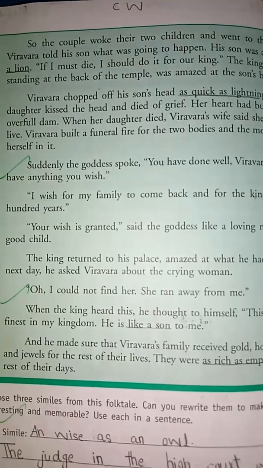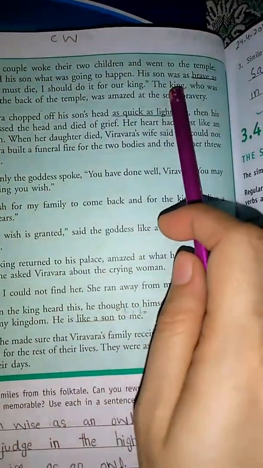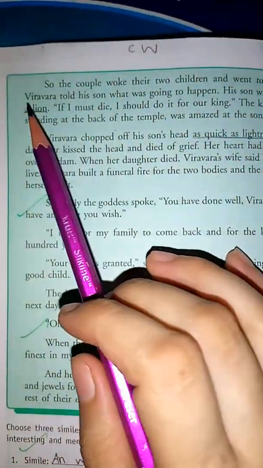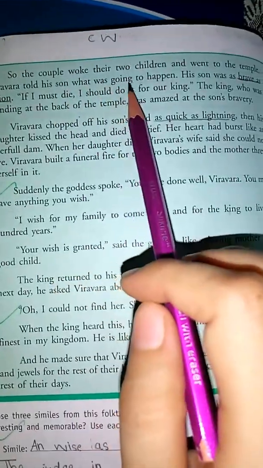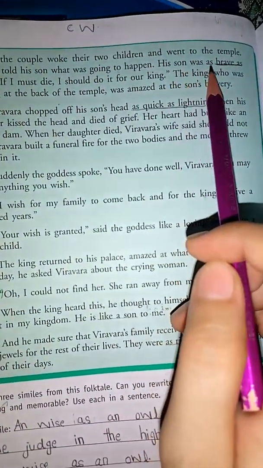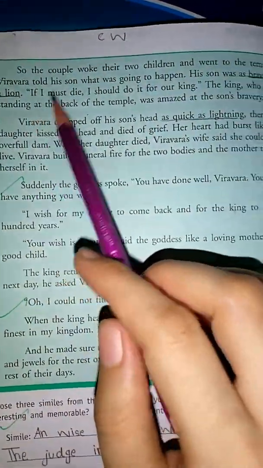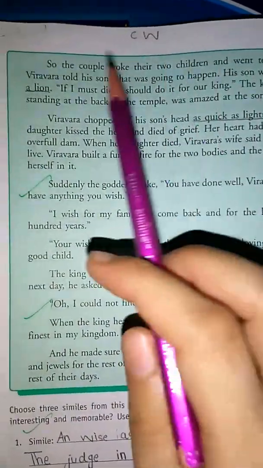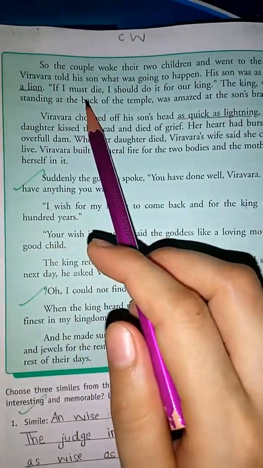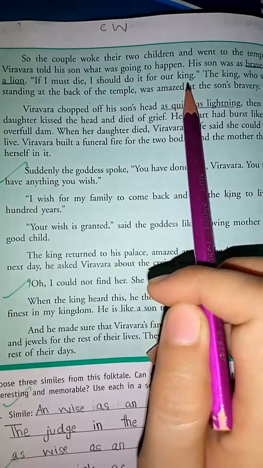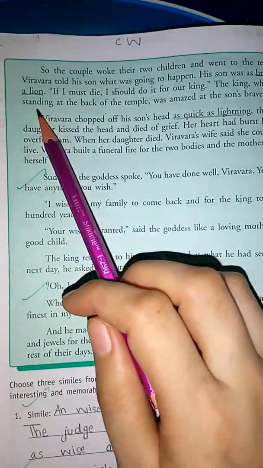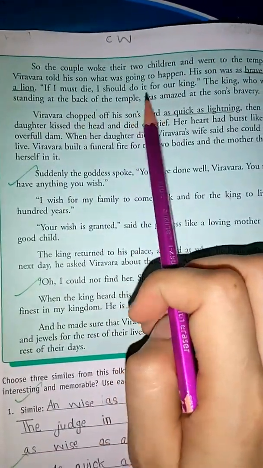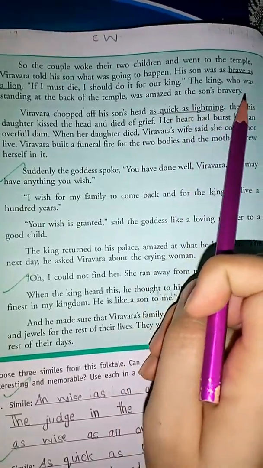So the couple woke their 2 children and went to the temple. Viravara told his son what was going to happen. His son was as brave as a lion, underline it, as brave as a lion. If I must die, I should do it for our king. The king, who was standing at the back of the temple, was amazed at the son's bravery.